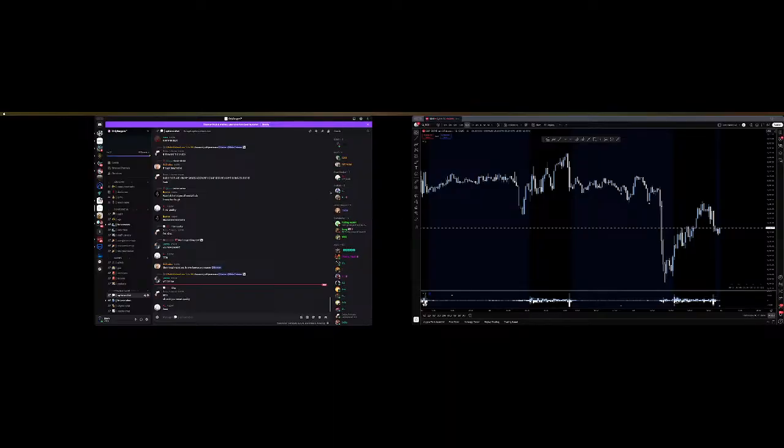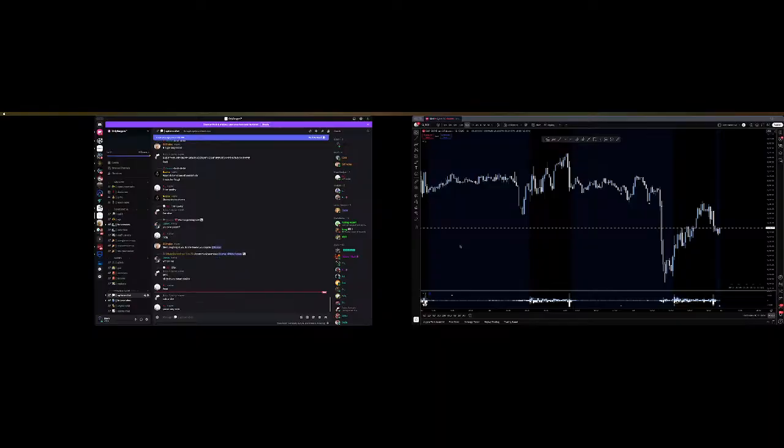Let's see. Settings, video. Yeah, it shows 1920 by 1080. It could be because I'm on an ultrawide monitor. I trade on a 49-inch monitor. It's 720. All right, let me see. Is that better? Did that get a little bit better?